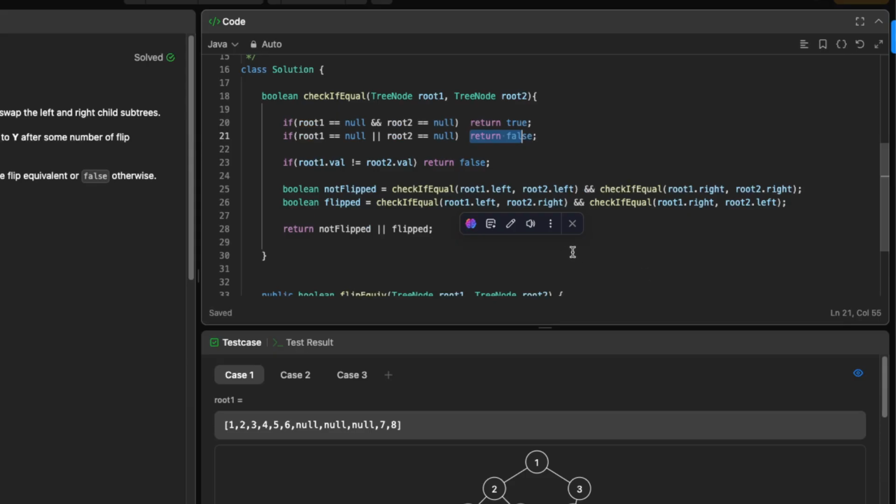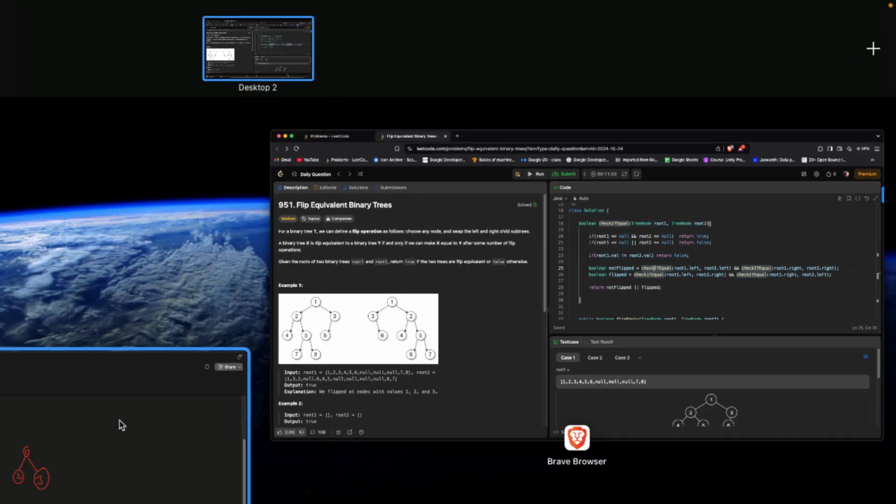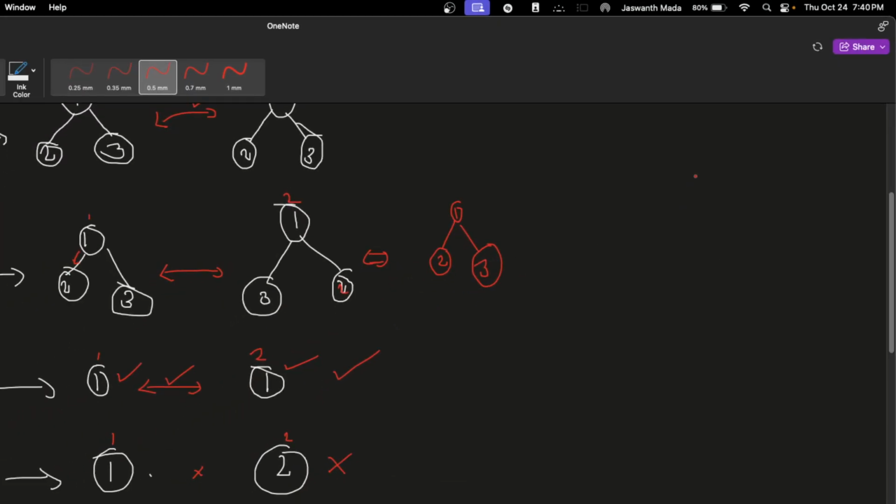Suppose it's something like this: 1, 2, and 1, 2. If we have something like this, I check the left one and this left one, this has a node and this has null, right?